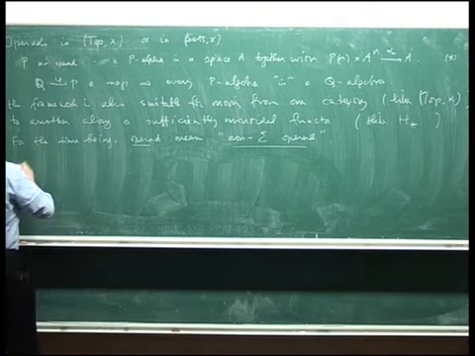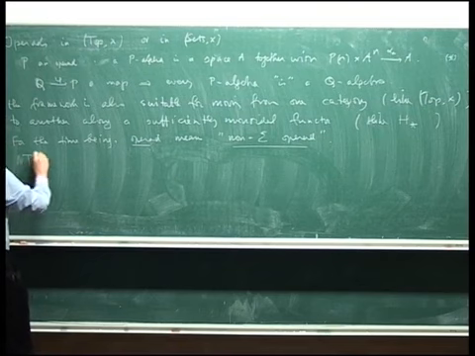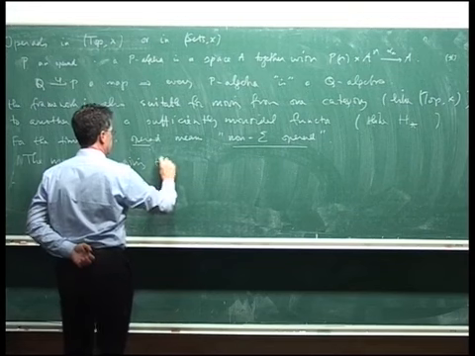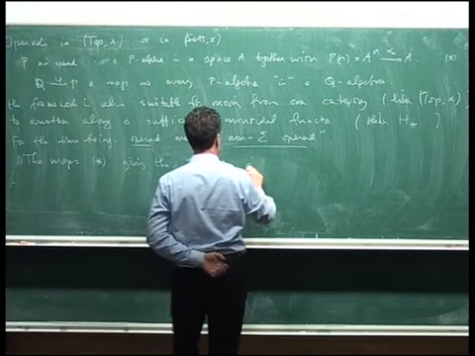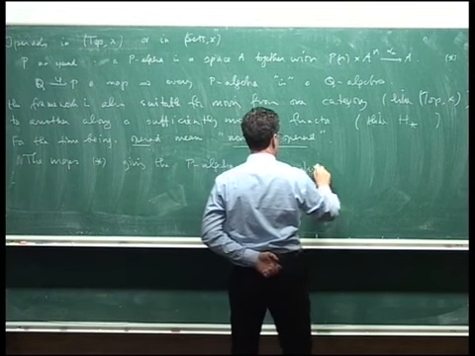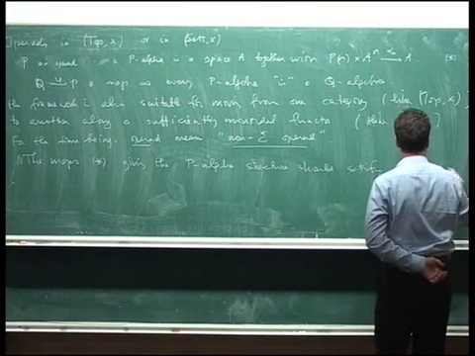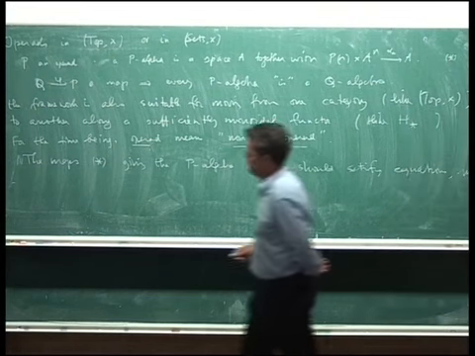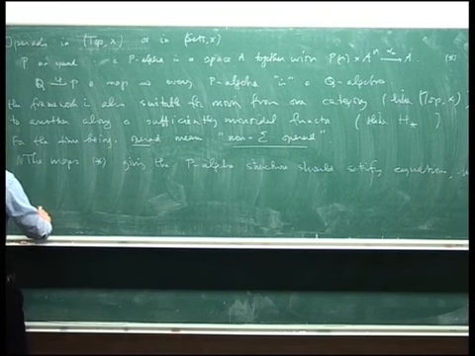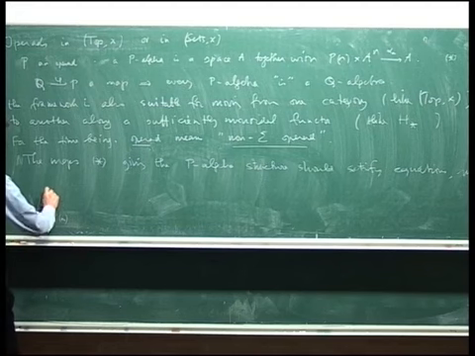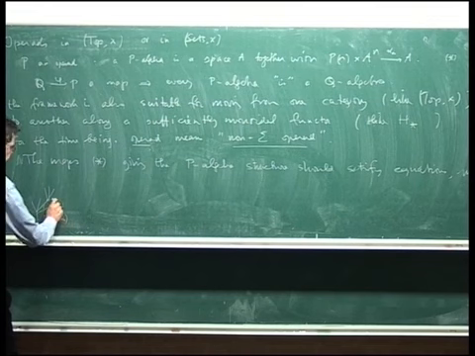What you could do, for example, is take an operation p in P(m) of m entries, and on the ith entry compose it with an operation q taking n variables.